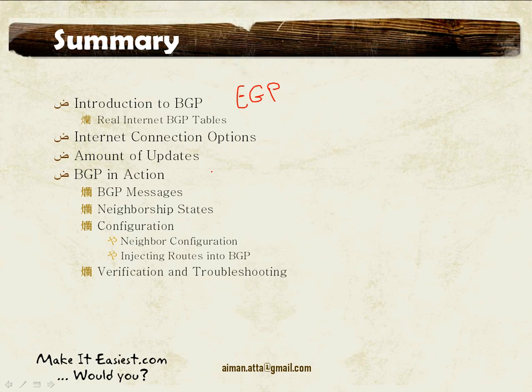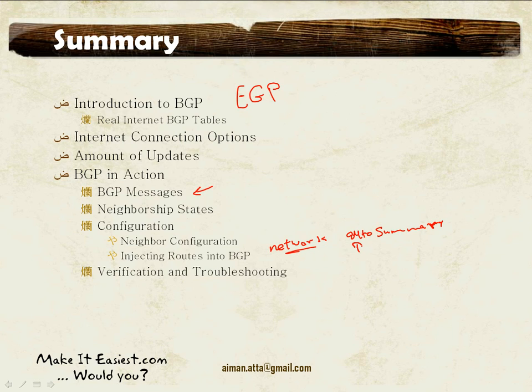We also talked about how BGP really works, what kind of messages are exchanged, neighborship states. We talked about configuration for statically configuring neighbors, how to inject routes using the network command, and how the network command is affected by auto summary, which is disabled by default on BGP in Cisco IOS.